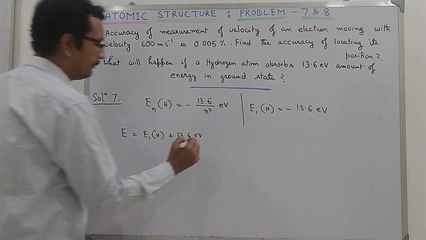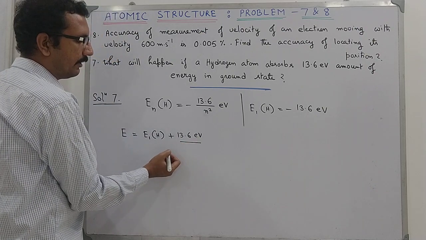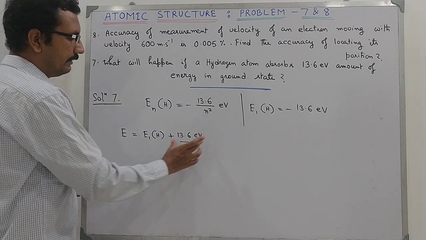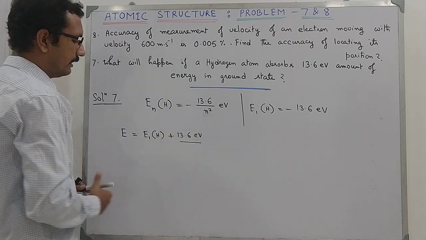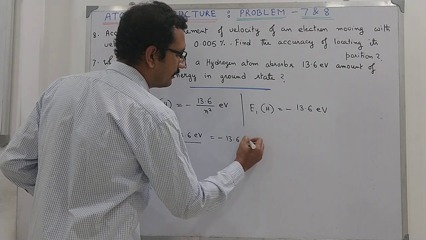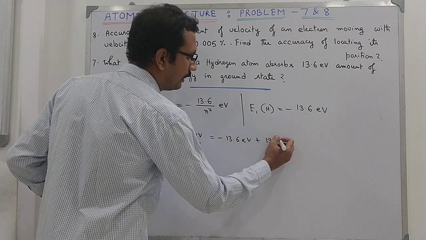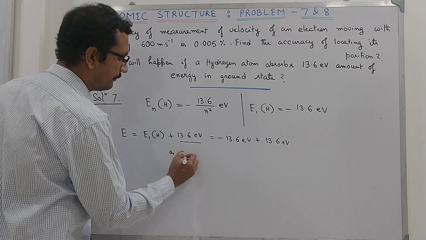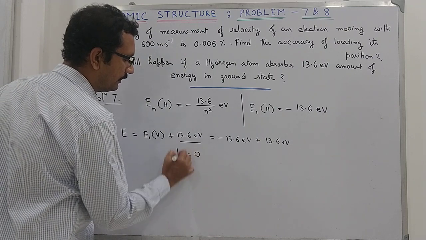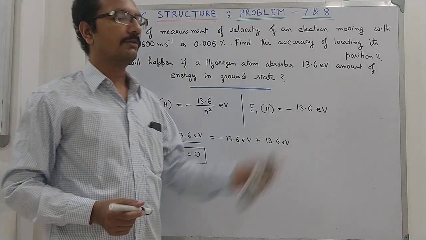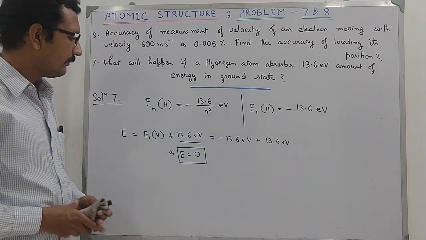Now we put this value. This amount of energy is coming externally from the external source. So we have minus 13.6 electron volt plus 13.6 electron volt. So the energy of the electron will be 0 after absorption of this amount of energy.